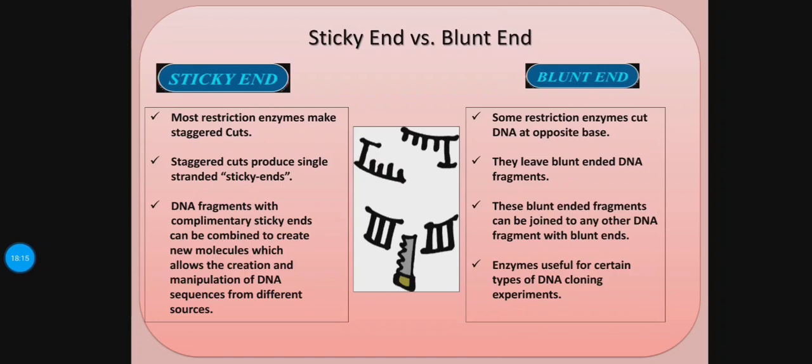While in case of blunt end, some restriction enzymes cut DNA at opposite bases in a straight line, and this end is known as the blunt end, and this blunt ended fragment can be joined to any other DNA fragment with the same blunt end, and these enzymes are generally useful for certain types of DNA cloning experiments.